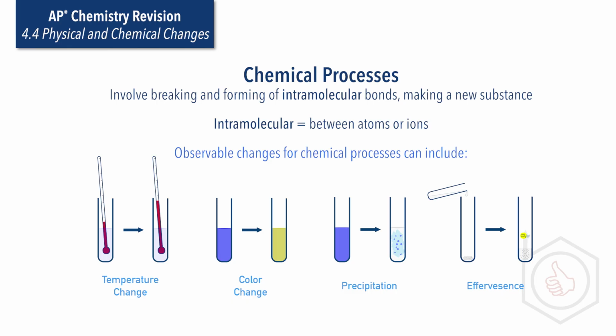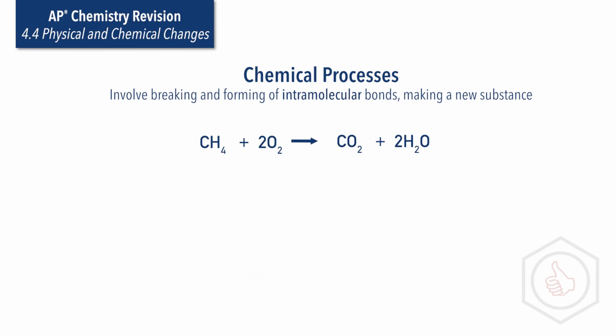For example, in the combustion of methane, CH4, carbon-hydrogen bonds in the starting methane have to be broken, and oxygen double bonds in the oxygen molecules also have to be broken, before new double bonds between carbon and oxygen and new single bonds between oxygen and hydrogen can be formed to make the products carbon dioxide and water.